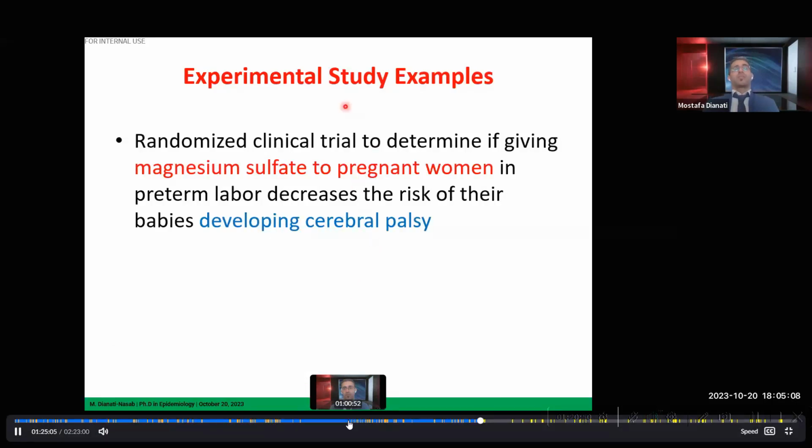So, experimental study examples. There are several examples that I can show you. For example, a randomized clinical trial to determine if giving any supplement to pregnant women in order to see any outcome in their, for example, newborns.